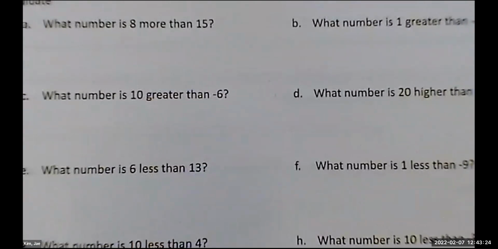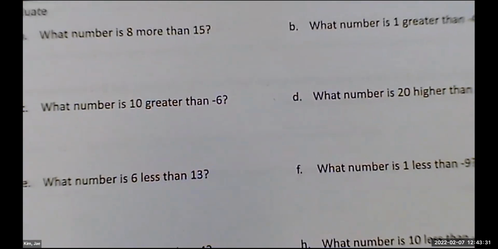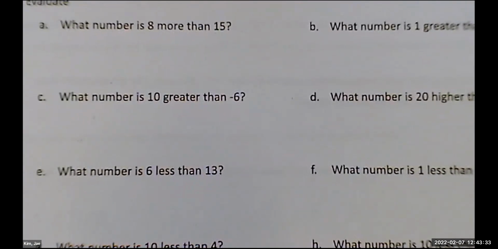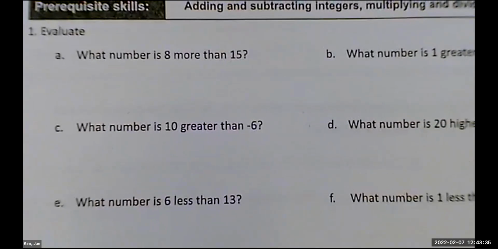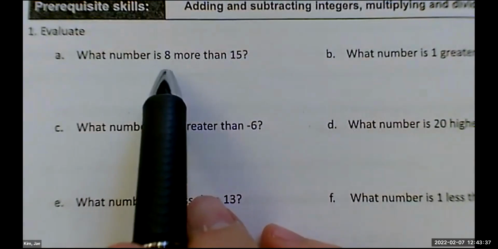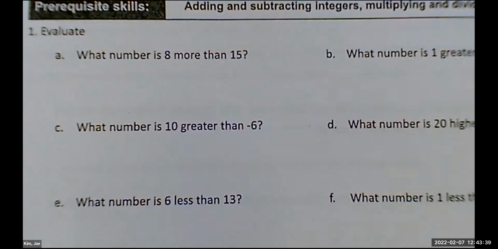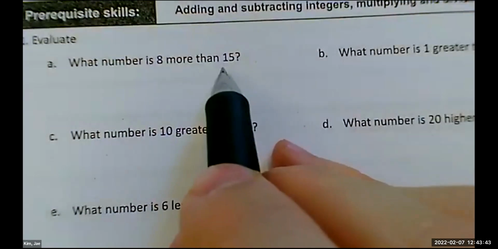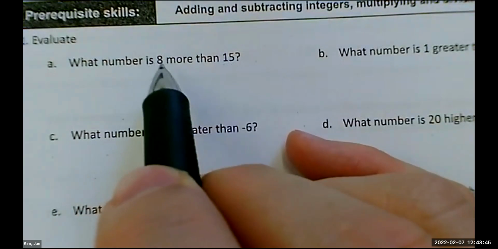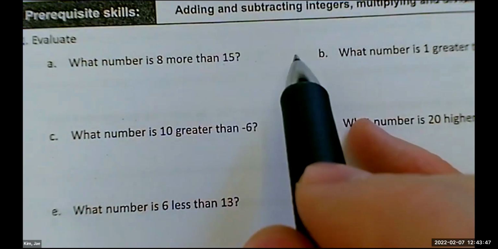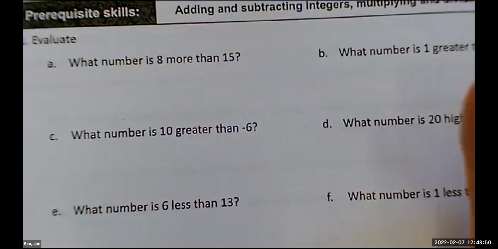Every single method in which I describe it to you here, it's essentially going to do the same operation. That is addition or afterwards subtraction. So if I ask you a question, what number is 8 more than 15? That's an English way of saying I'm starting with 15 and what is 8 more than that, right?